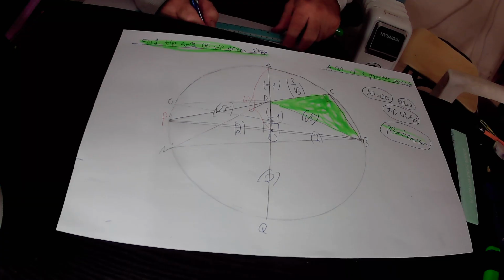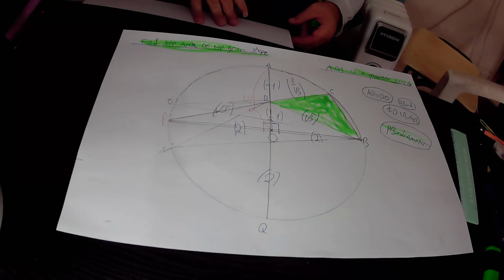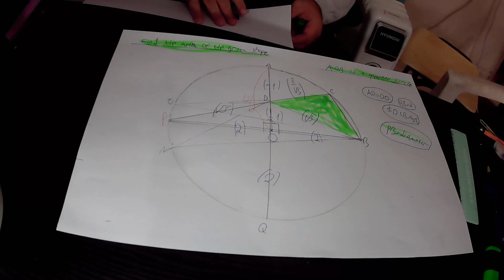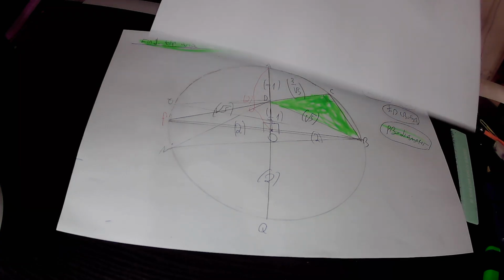And the green right triangle DCB is actually the area that we are looking for. This is the area of the green shape.